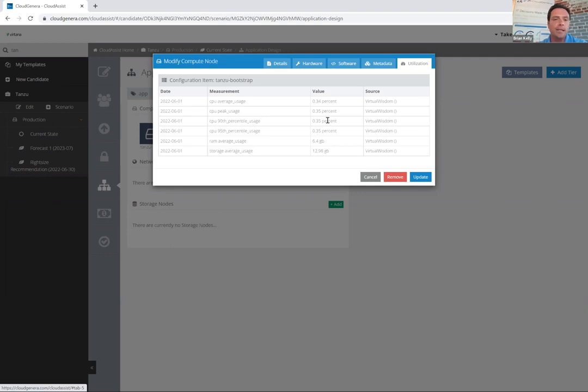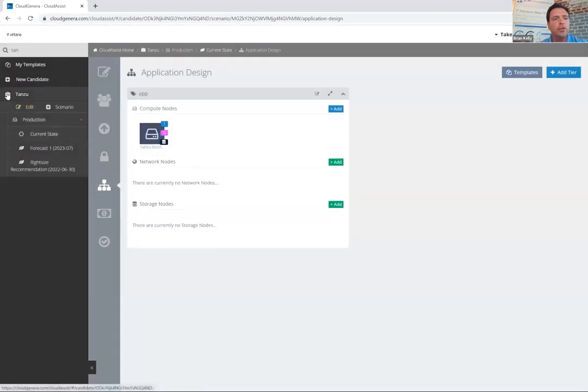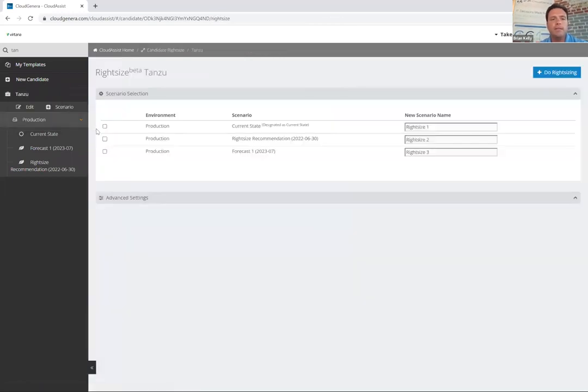The larger the data set, the smarter CloudGenera will be at recommendations around utilization, both right-sizing the current environment, as well as trending and predicting a forecast for a future environment. With this utilization data, in the CloudGenera platform, you can plan for either immediate opportunities to save money, in the case of driving a right-sizing of the current environment and specifying your threshold and tolerance for performing that right-sizing.